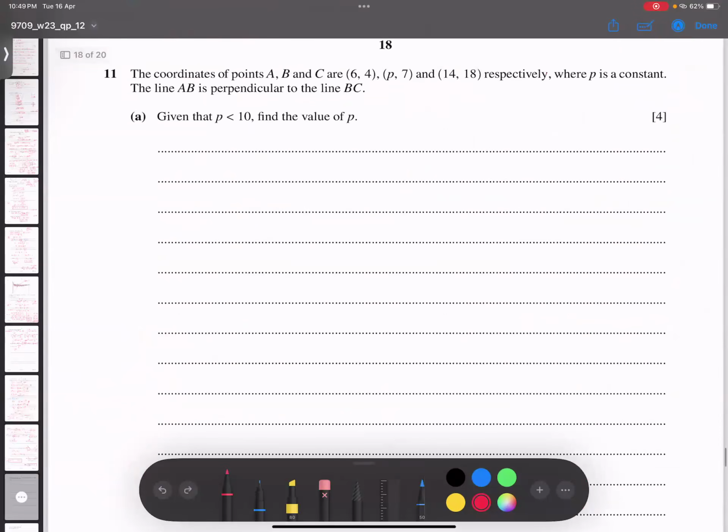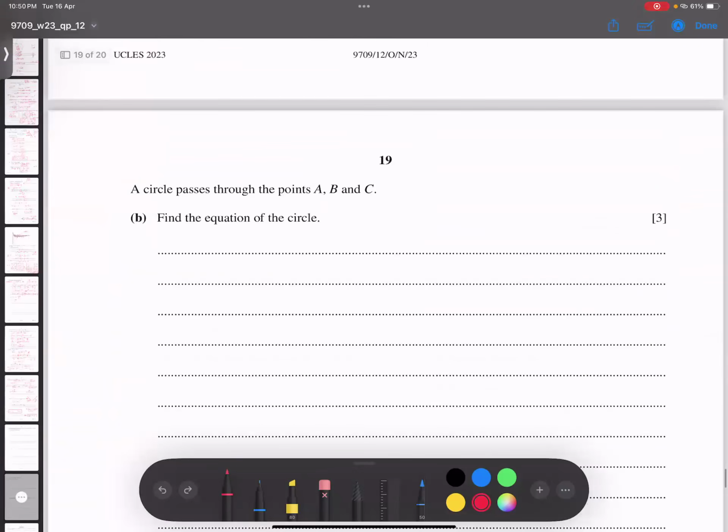So let's go for the last question. He's saying that the coordinates of the points A, B, C are mentioned by him. A is this, B is this, and C is this. And P is constant. And AB is perpendicular to the line BC. So the best idea for this kind of question is to try to make it close to an accurate diagram.